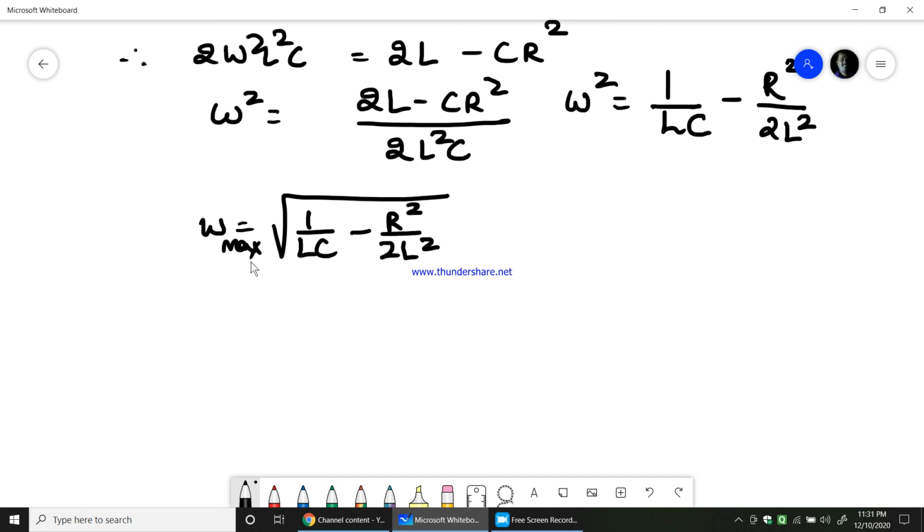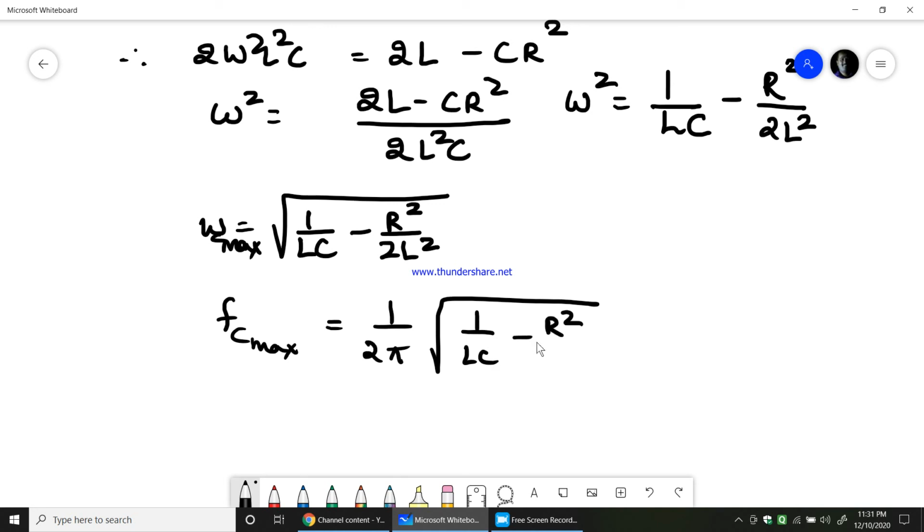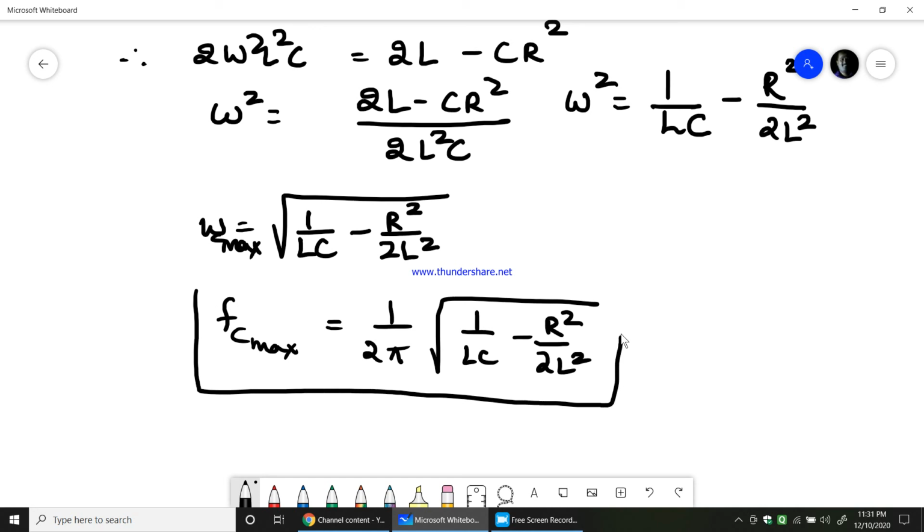That omega would be omega c max. Therefore Fc max would be equal to 1 over 2 pi times the square root of 1 over LC minus R square by 2L square. So this is the derivation for Fc max.